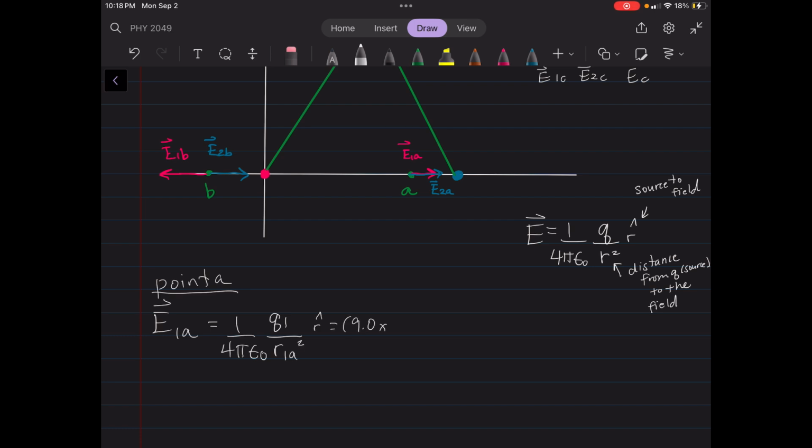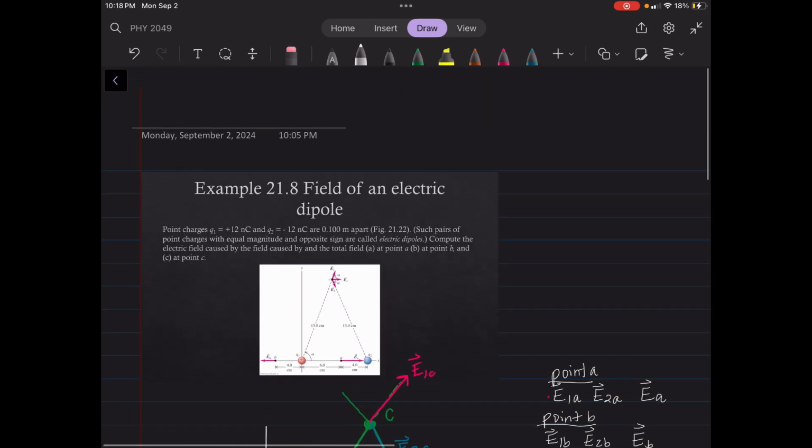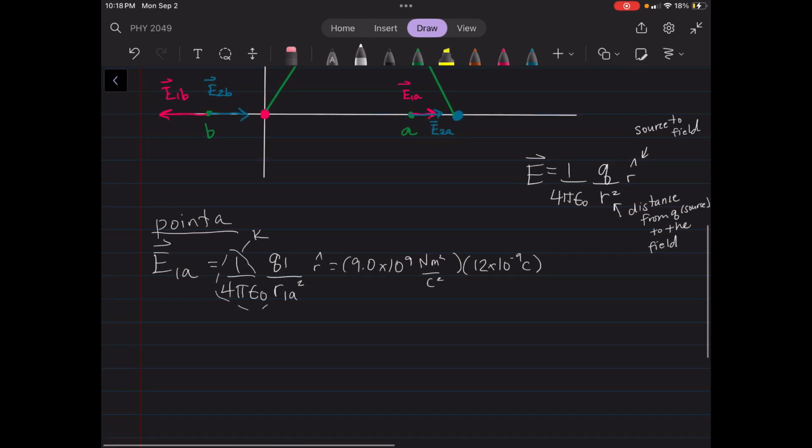That's 9 times 10 to the 9, right? Because this is K. Q1 is 12 nanocoulombs. I don't think I wrote that on here, but oh yeah, it's up there at the top, right? It's 12 nanocoulombs.